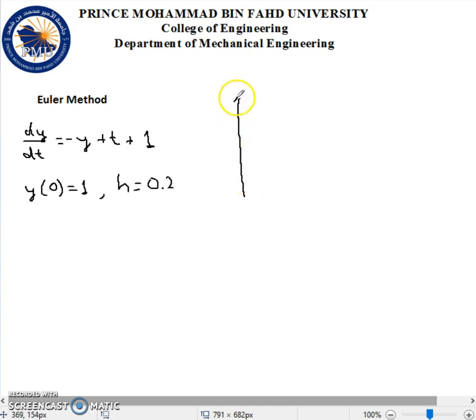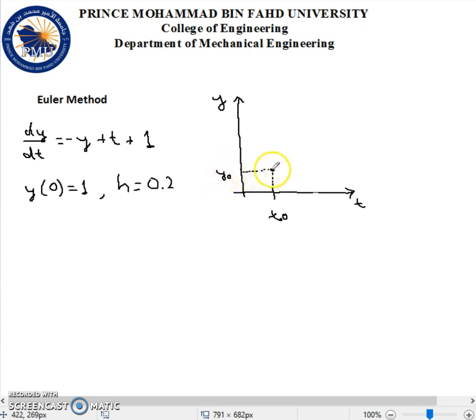So let's assume that on this axis we have y and t. We start at t0, which in this case is 0, and y at 0 is 1, as we said.